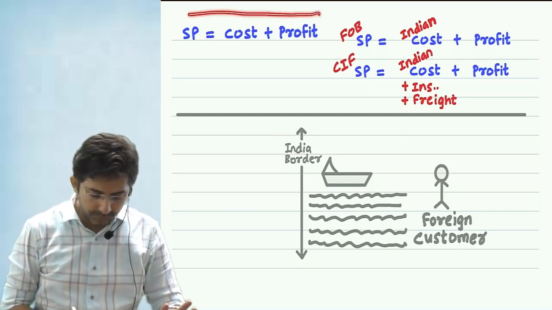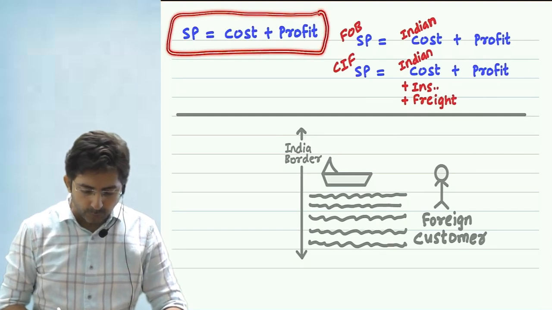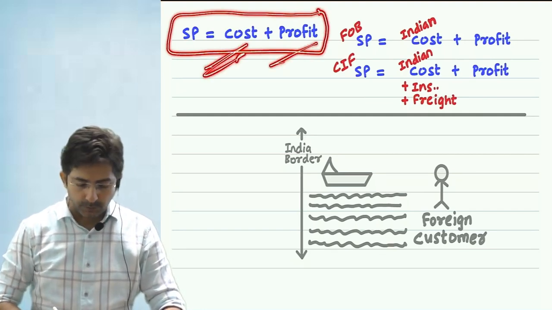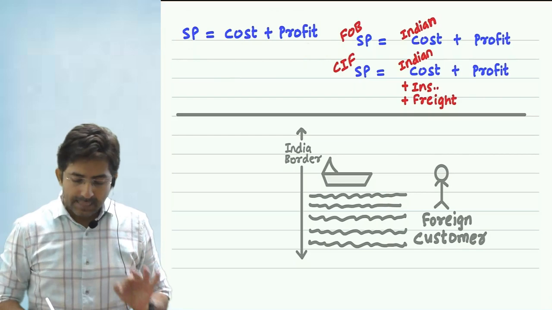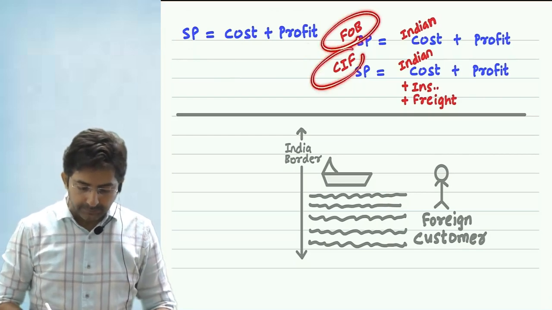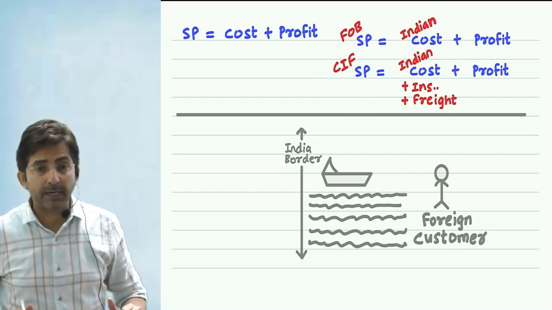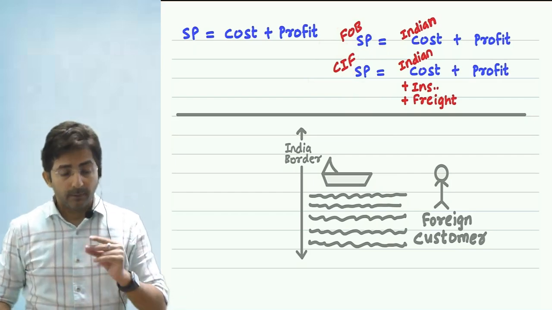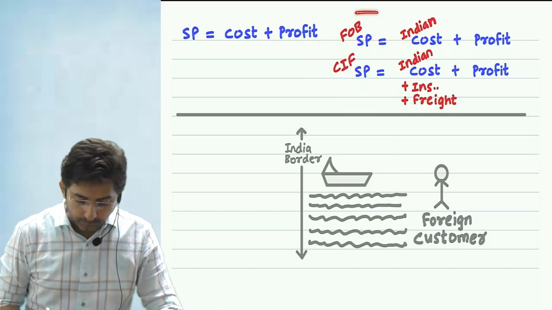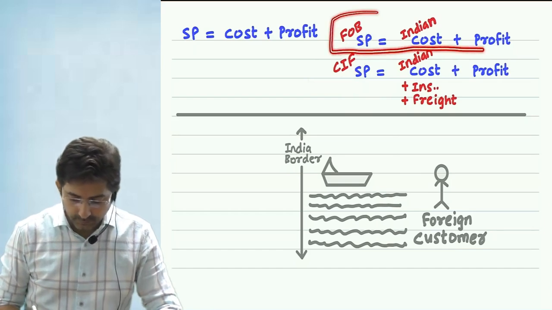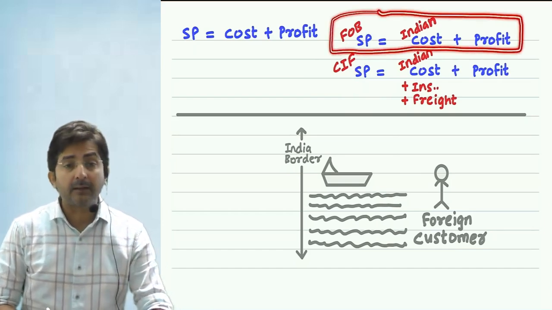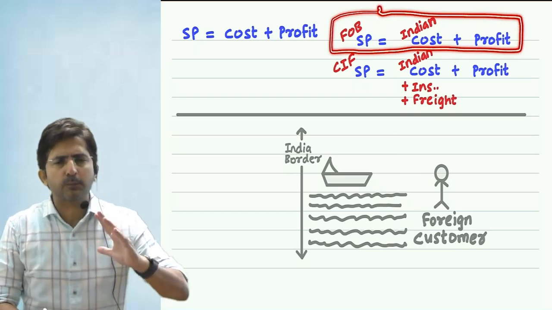See this first. Everyone knows the formula of sale price is cost plus profit, right? Now, as I said, FOB and CIF are both sale prices, and every sale price is made up of cost plus profit. But FOB sale price is like this: Indian cost plus profit.